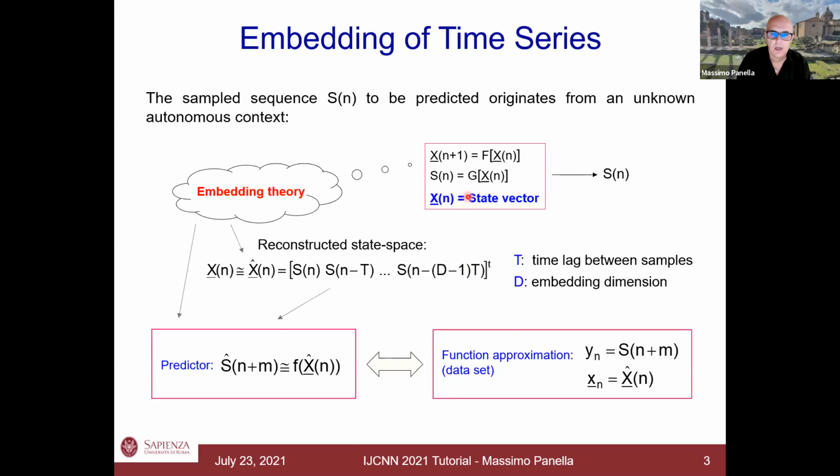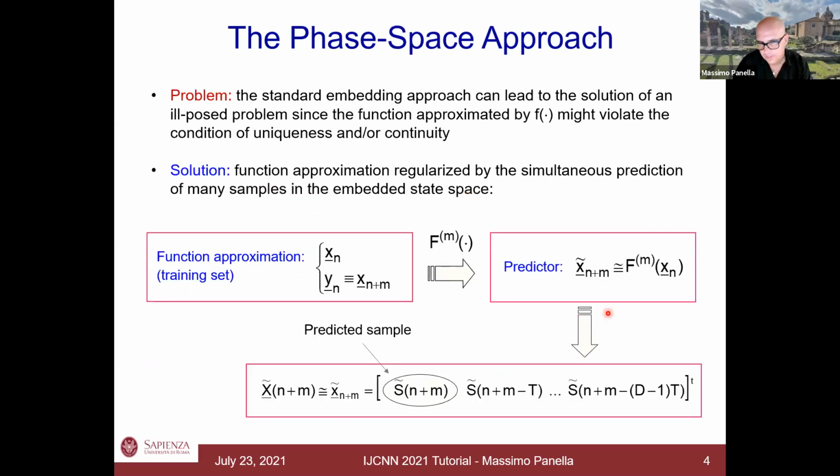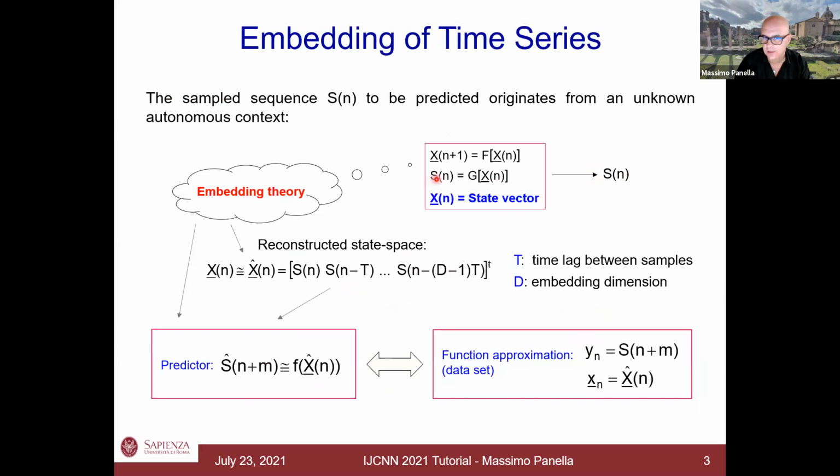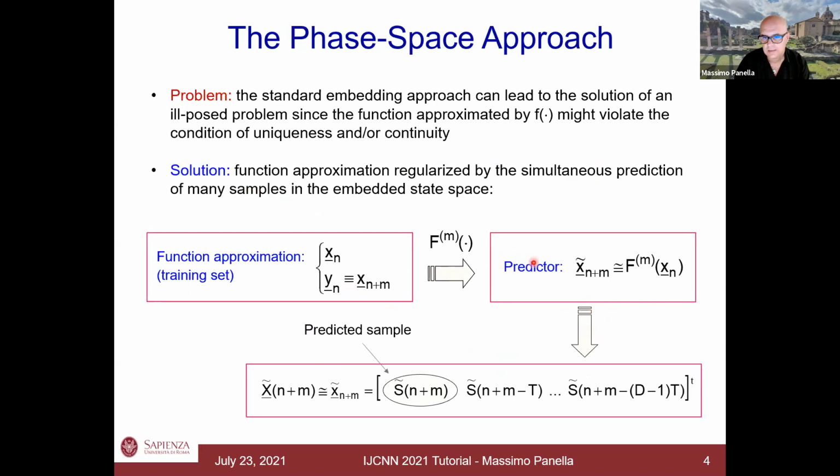We also presented in the past a phase-space approach, where instead of predicting directly the new sample, we focus on the prediction of the new state in such a way that the prediction is regularized, because we predict all the future samples in the new embedded state, and then we can pick the value of interest within the forecasted state.